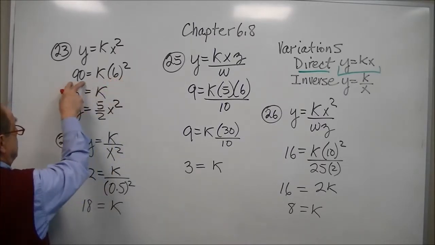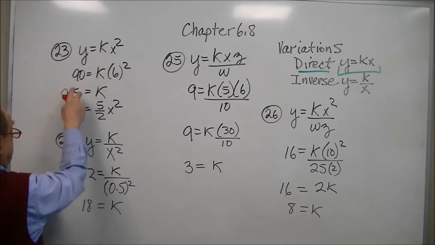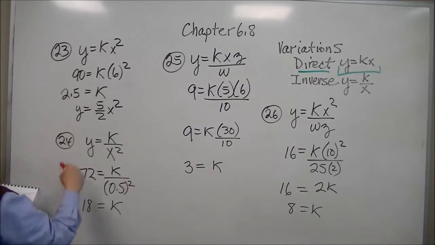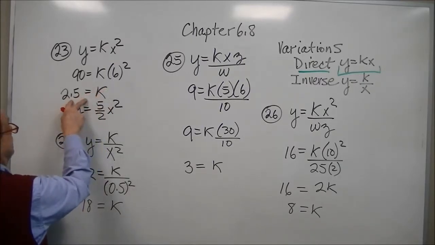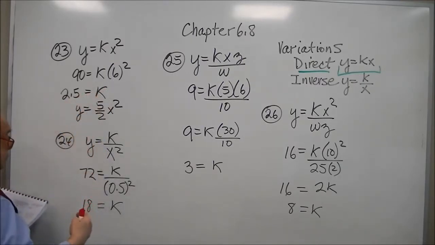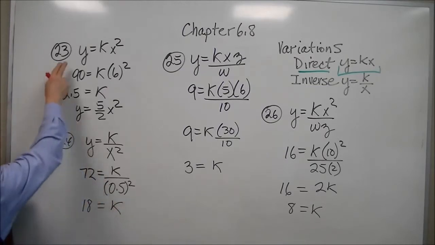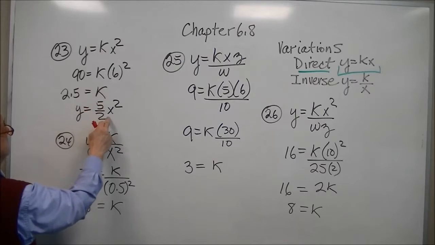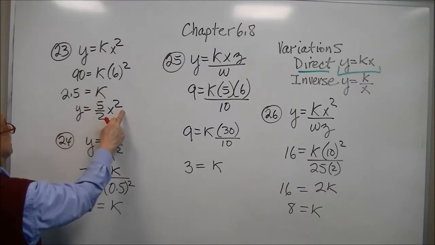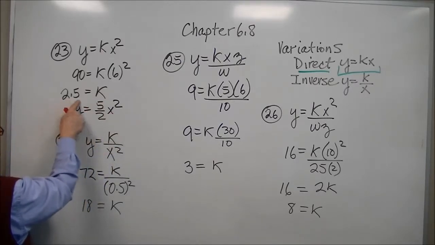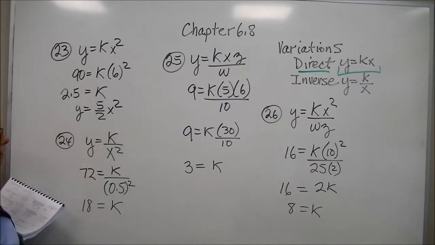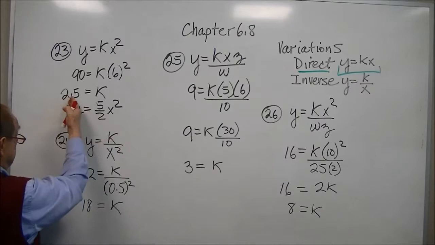Divide both sides then by 36, and that gives you 2.5. So k is 2.5. So your equation of direct variation in this case will be y equals 5/2 x squared. I would have accepted the decimal form, but they're looking in the booklet for the fraction. These are equivalent.